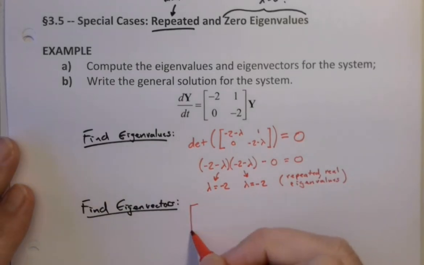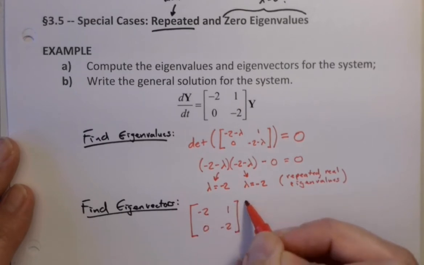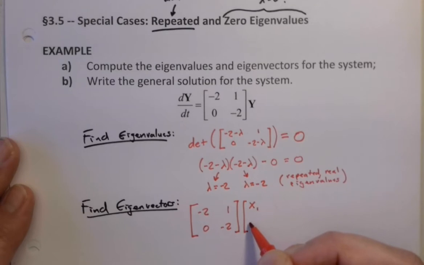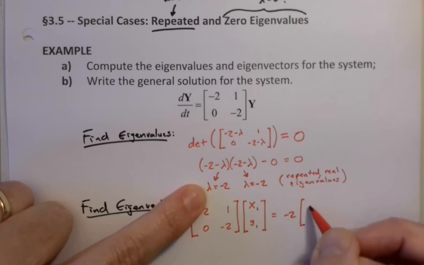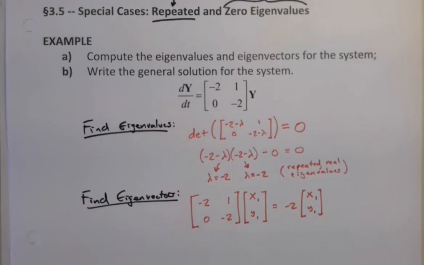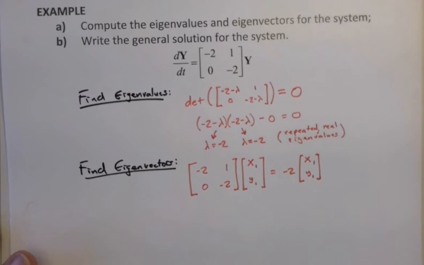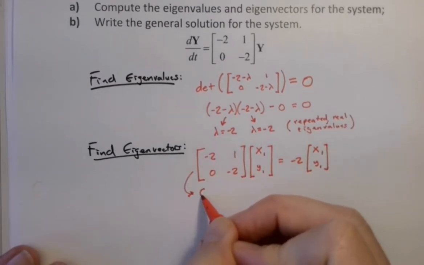So using the same kind of logic as before, we'd set up our equation and say coefficient matrix times some magical eigenvector x1, y1 must be equal to our eigenvalue, -2, times x1, y1 as well. So this must be true if that really is an eigenvalue. And so after a little bit of manipulation, let me scoot this up so we can see it a little bit better. We wind up with two equations.